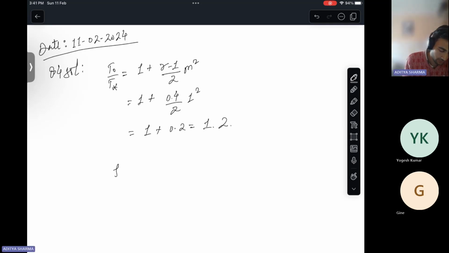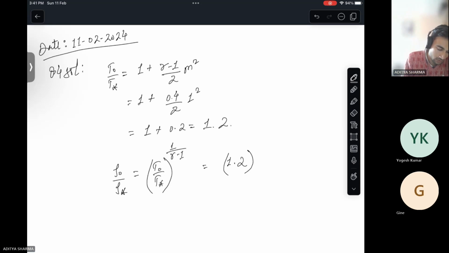So rho star is, what? T naught by T star to the power 1 by gamma minus 1. That is 1.2 to the power 1 by 0.4.